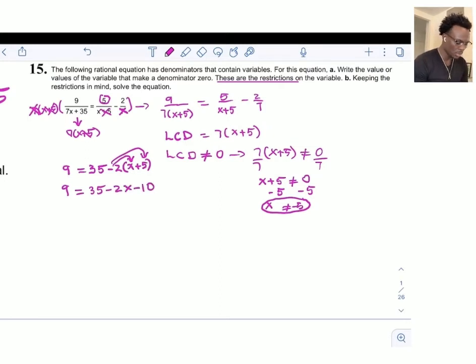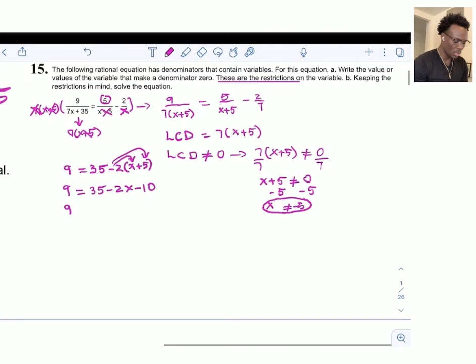Combine like terms. 9 equals 35 minus 10 is 25 minus 2x. Subtract 25 on both sides. So that is going to be 9 minus 25, -16 equals -2x.